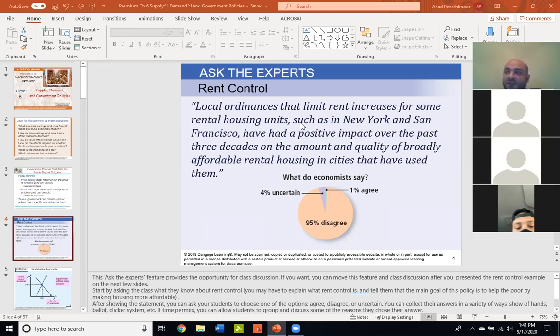Especially this situation is amplified when you consider landlords could band together. There are only a few landlords, a few corporations with big housing units, and many of us. It's easier for them to band together and increase their prices altogether.